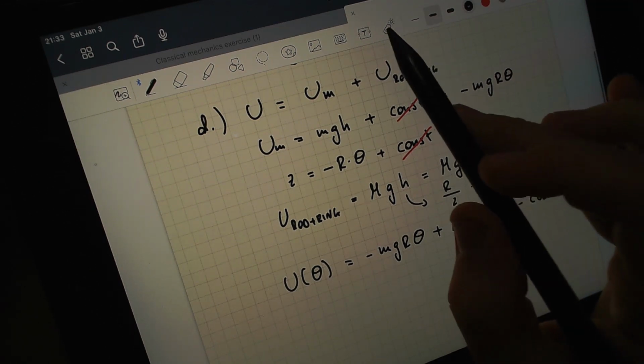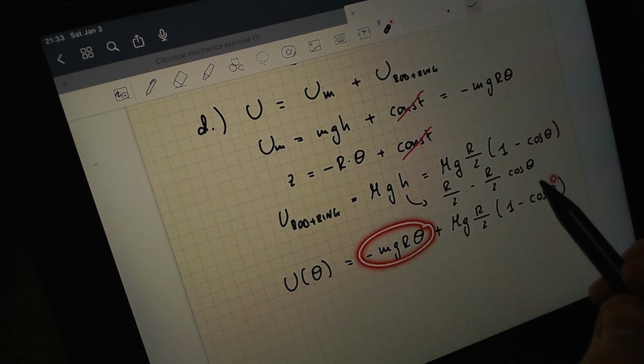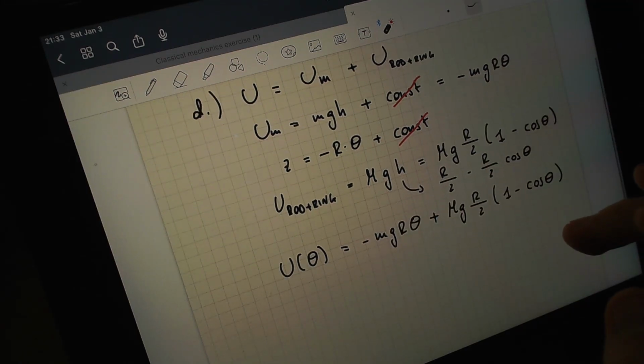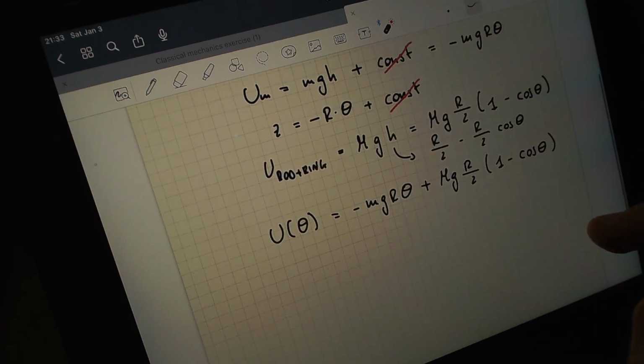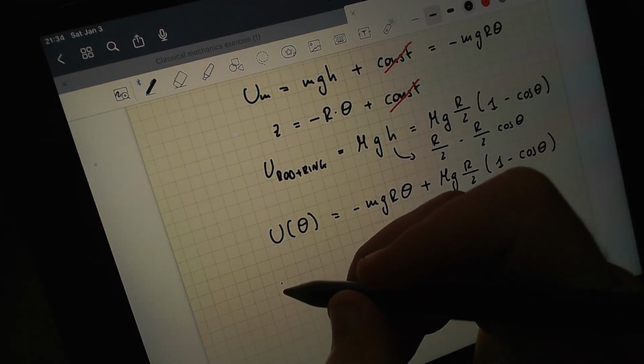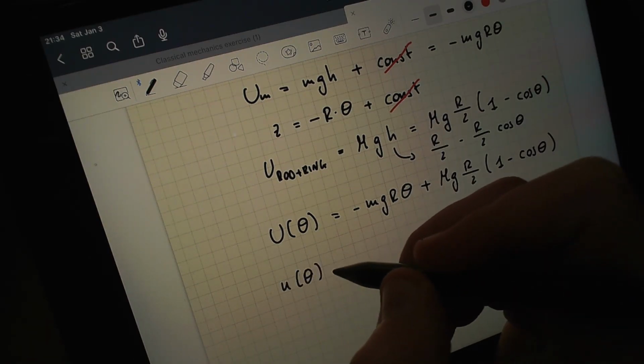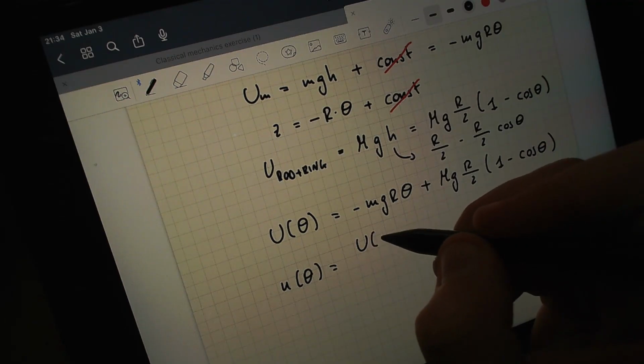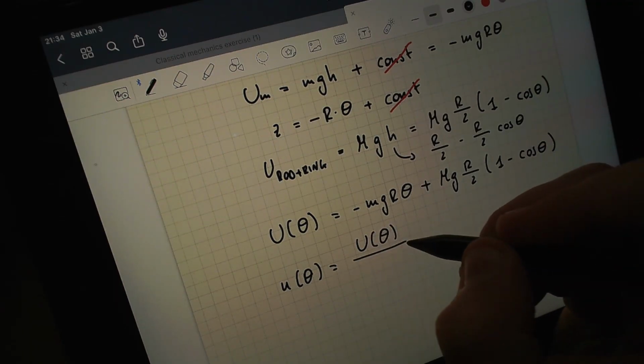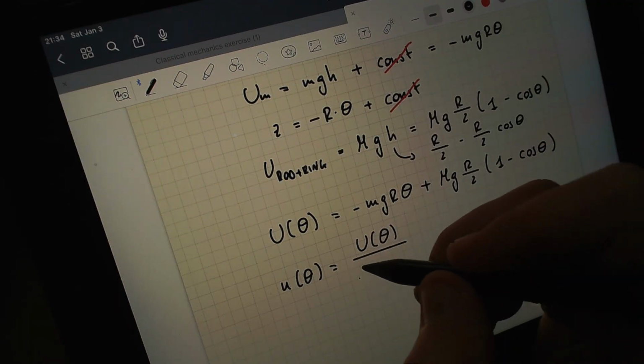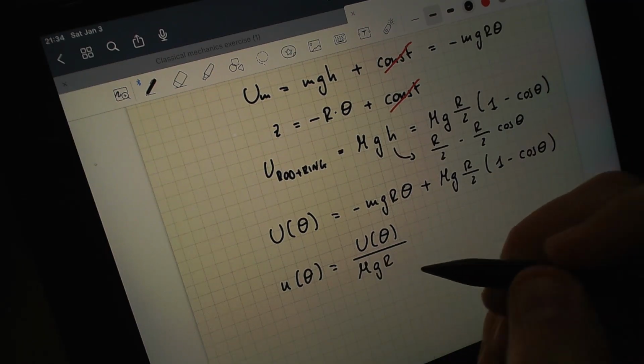So potential energy of the mass, potential energy of the rod, and we have to plot this function as a function of theta, but here probably is more convenient to consider this function, which is the potential energy divided by mgr.